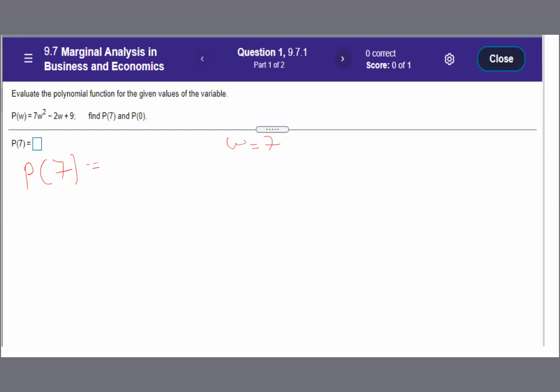So here we go. 7 times, instead of w, we plug in 7 squared minus 2 times 7, then plus 9. This equals 7 times 49 minus 14 plus 9.